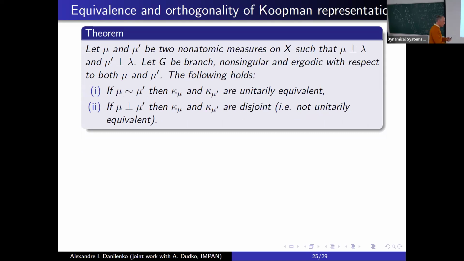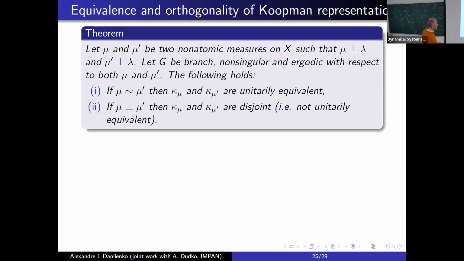Now, about equivalence, we have very many Koopman representations, and we know that all of them are irreducible. The next question is to find out when they are unitarily equivalent and when they are orthogonal. We can answer this question in the following way.